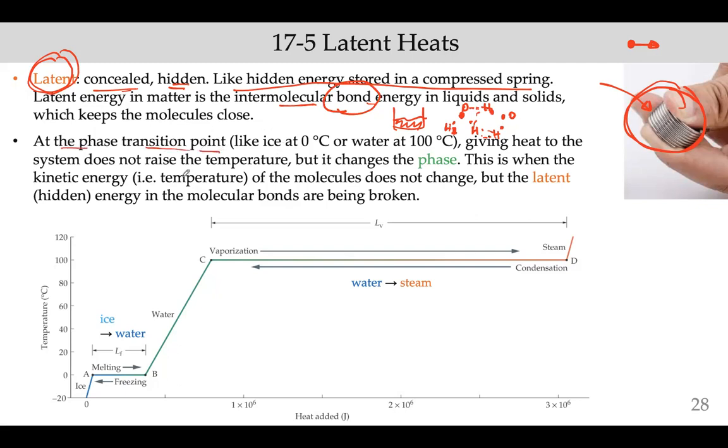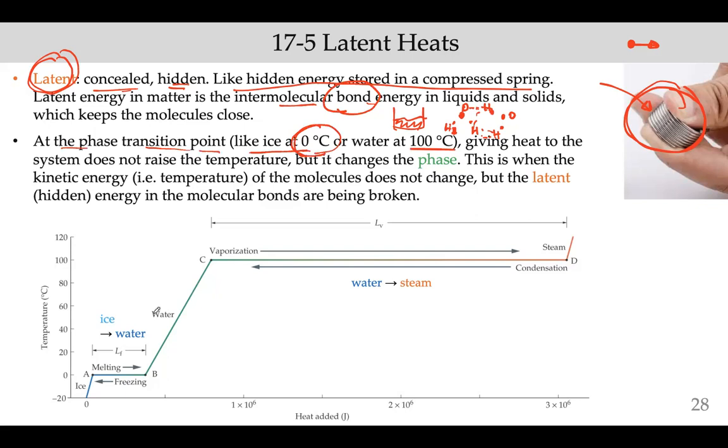At the phase transition point, so at atmospheric pressure, like ice at 0 degrees or water at 100 degrees Celsius, giving heat to the system does not raise the temperature. So let's say you have ice at 0 temperature.